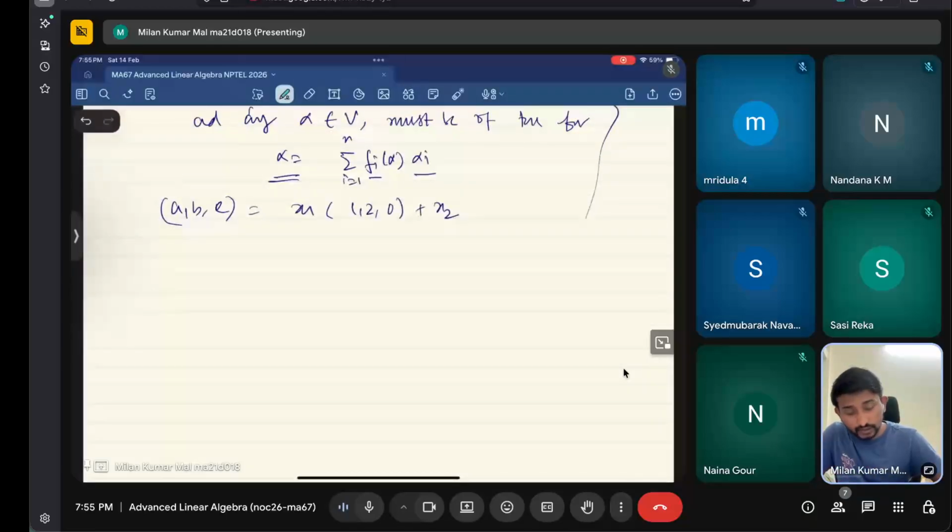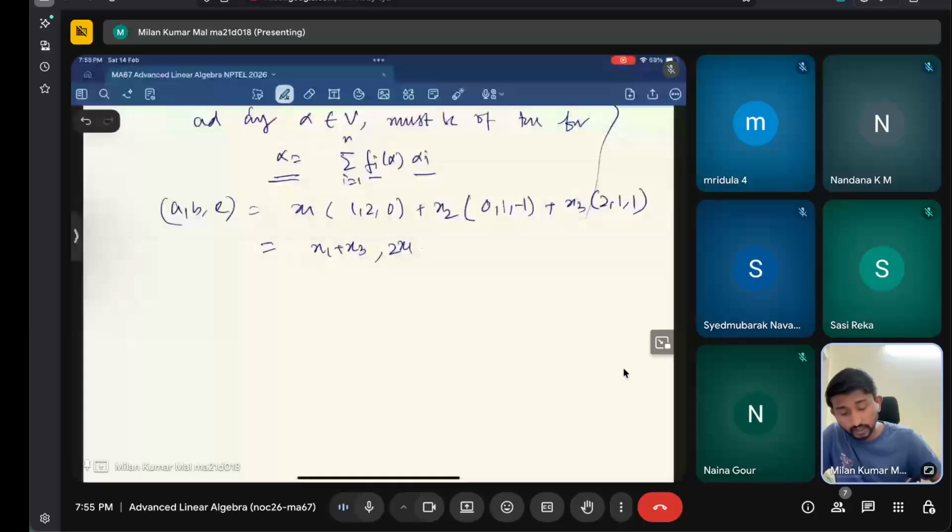That's a little tricky: x1 plus x3, comma, 2x1 plus x2 plus x3, comma, minus x2 plus x3, and this equals a, b, c. That gives x1 plus x3 equals a, 2x1 plus x2 plus x3 equals b, and minus x2 plus x3 equals c.